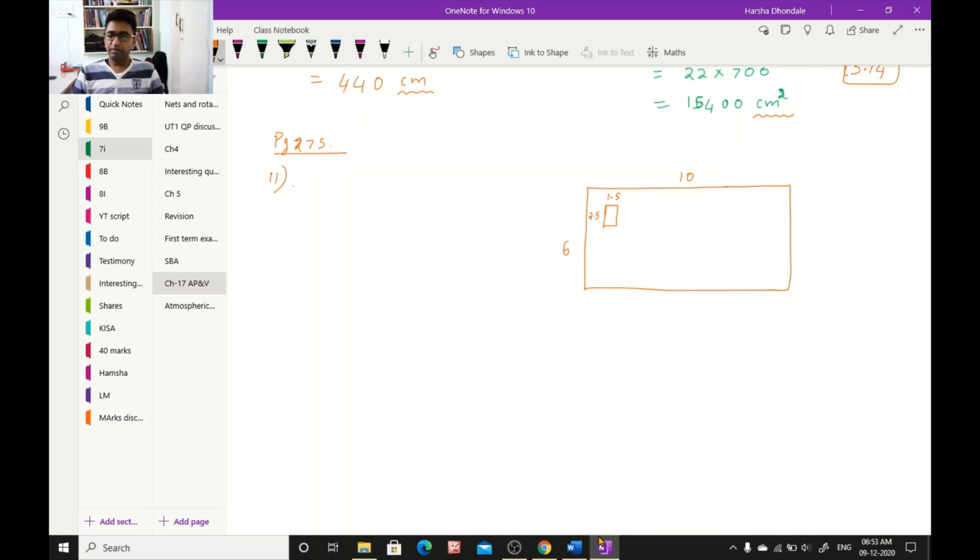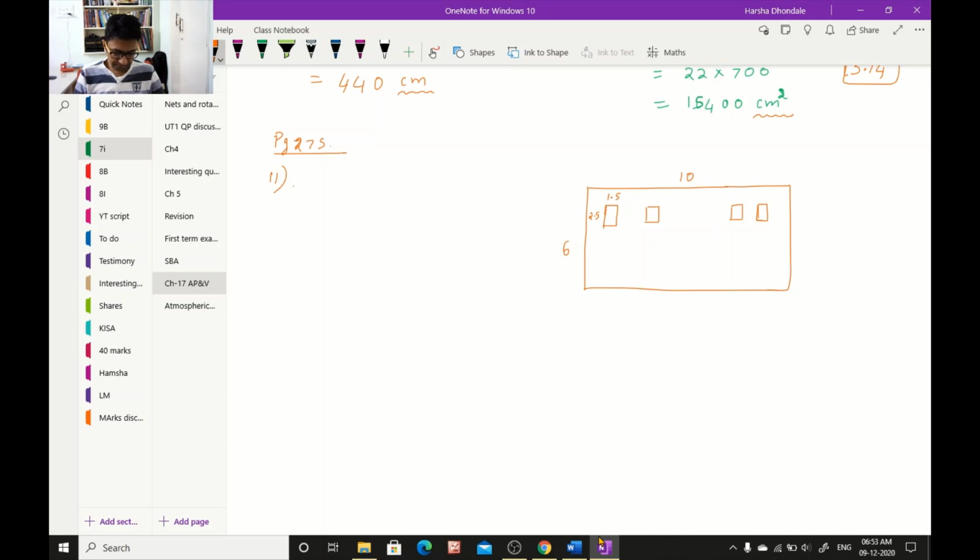There are 4 such windows: 1, 2, 3 and then 4. Now all the windows are of equal size.